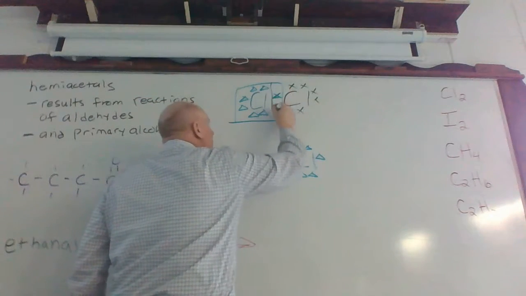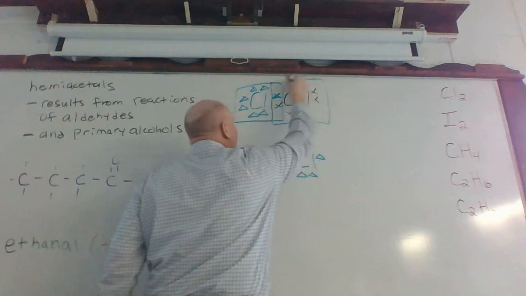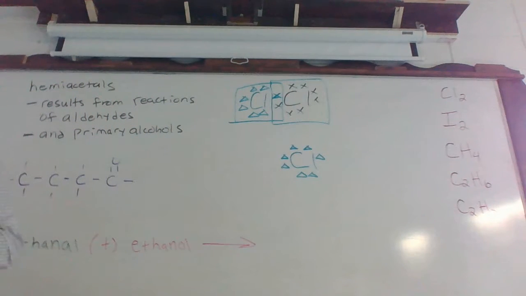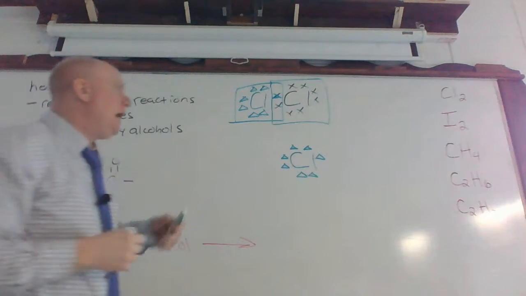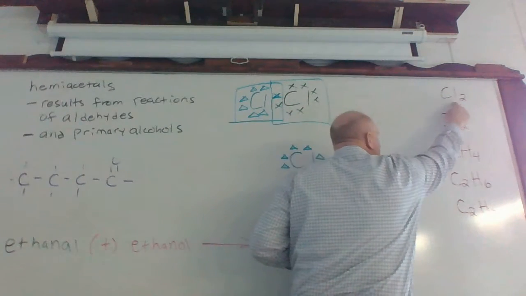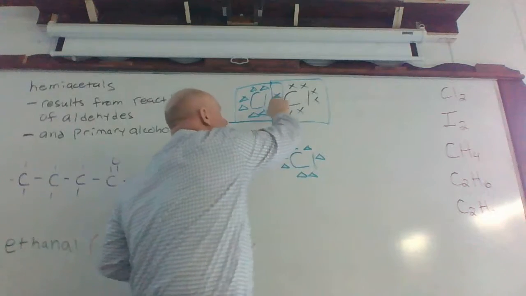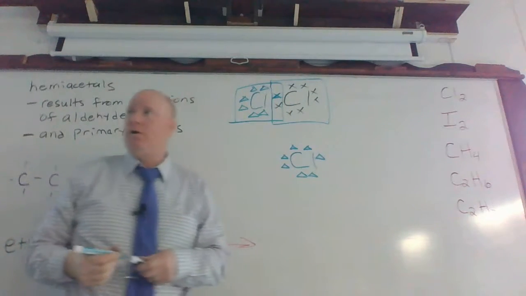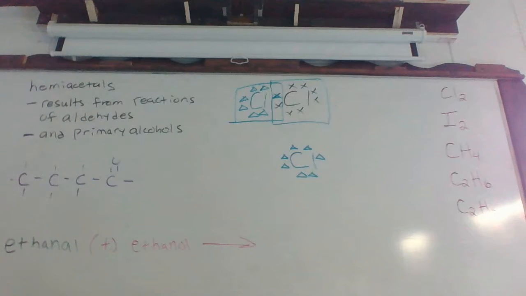We can also show that this chlorine atom has got 8. Inside each one of those boxes, there's 8 electrons around them. And that's how or why we arrive at being a diatomic molecule, because these 2 electrons are being shared between those 2 chlorine atoms. Okay? So they are now both chemically stable.